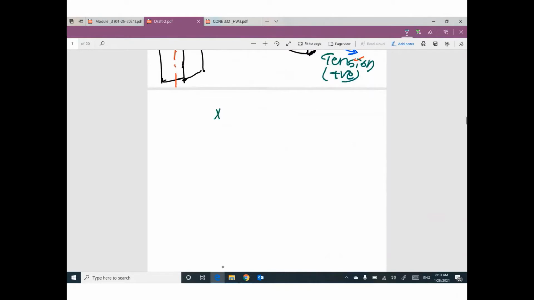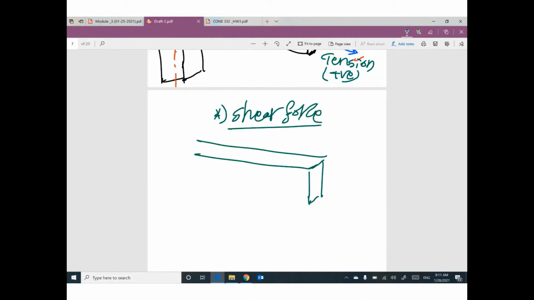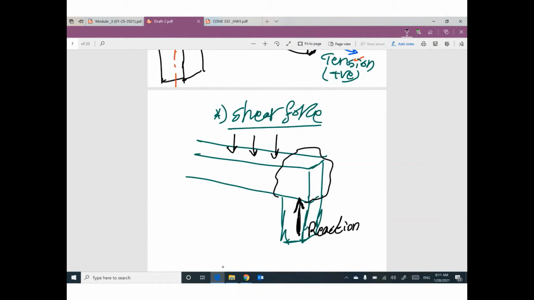The second internal force is called shear force. For any beam that is supported by a column or a support, we have an external load trying to push this beam down. And we have a reaction from this support or this column, trying to push this part up.